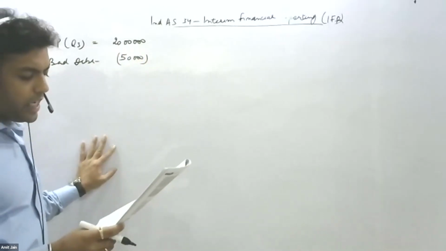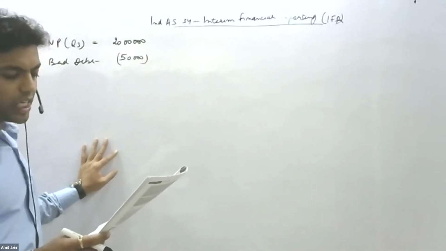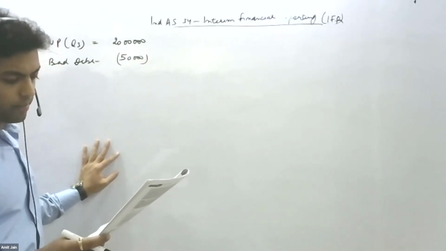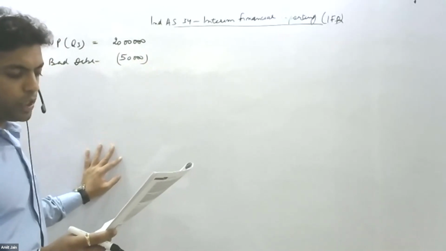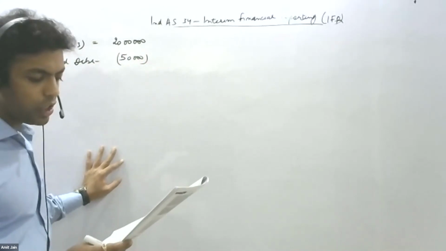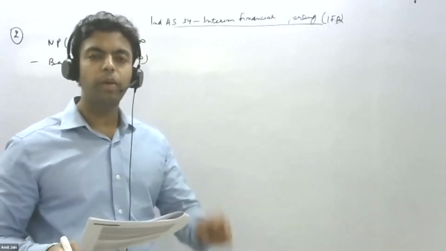Second, additional depreciation of 4,50,000 resulting from the change in the method of depreciation, right? So additional depreciation has been charged of rupees 4,50,000, which results from the change in the method of depreciation. Now, do I need to make any adjustment?